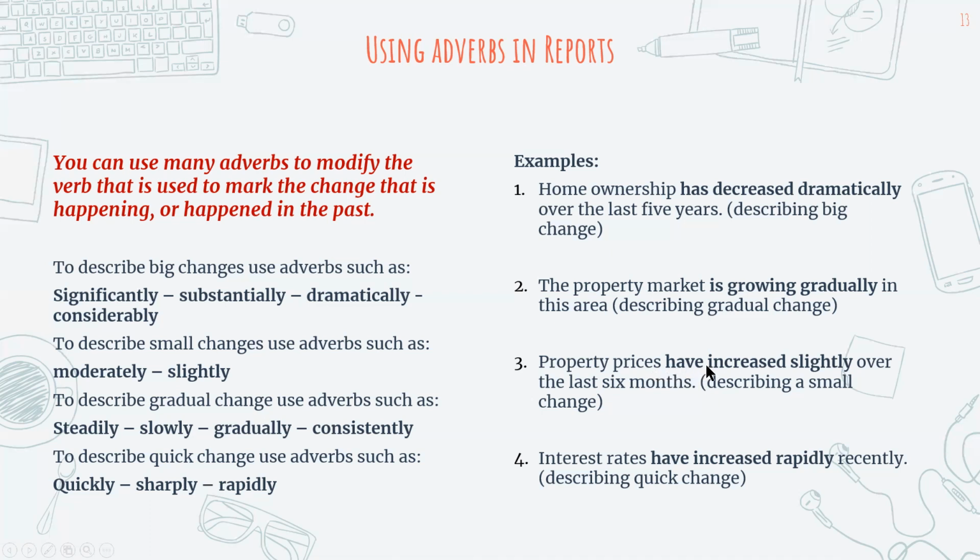Property prices have increased slightly over the last 6 months. Describing a small change. I said have increased slightly. So there was a slight increase, okay? Interest rates have increased rapidly recently. So I'm describing a quick change, okay?